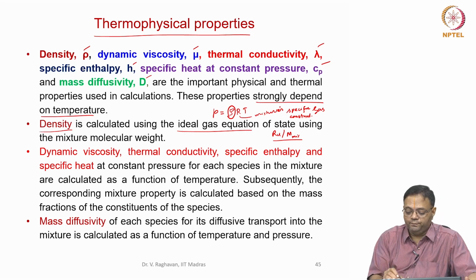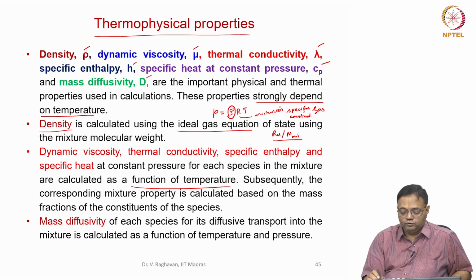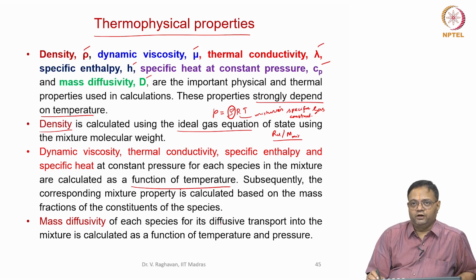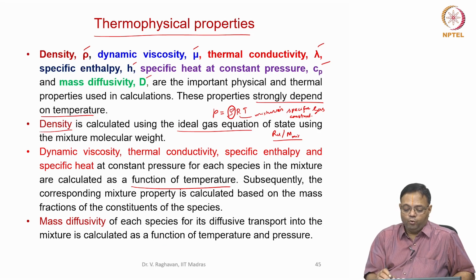Dynamic viscosity, thermal conductivity, specific enthalpy and specific Cp etc. can be calculated using some polynomials of temperature which are reported in literature or the NIST database etc. We can use that. And once you find these values for individual components, then you can use mixing rules.